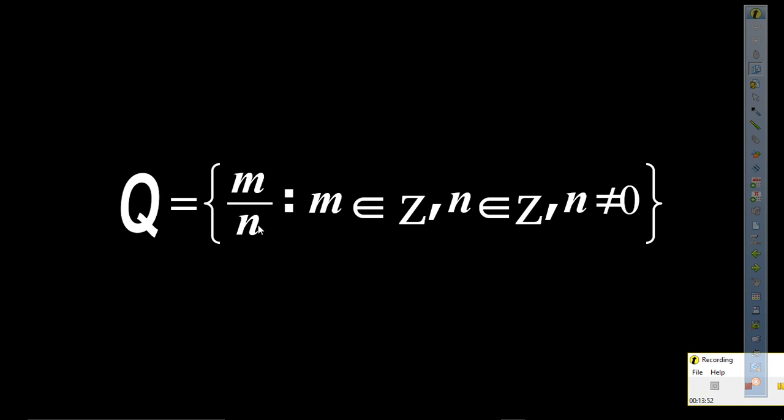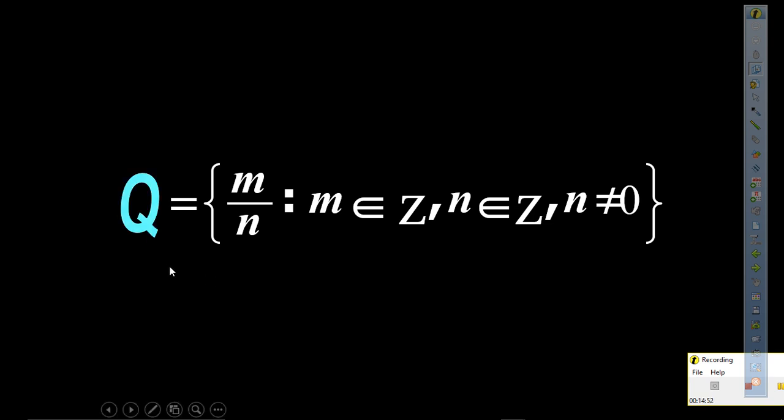Is this a fraction right here? Yes. Quotients are the set of all fractions such that the numerator is an integer. That's what the Z stands for, integer. You guys know what integers are? Counting numbers and their opposites, right? N is an integer, okay? But N cannot equal 0. The denominator cannot equal 0. So that's the definition of fractions.